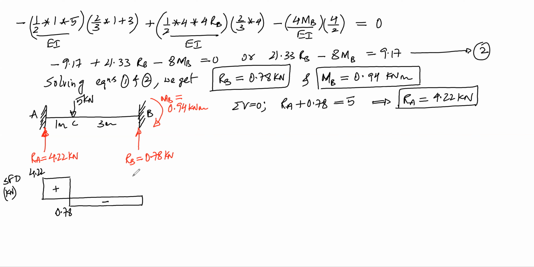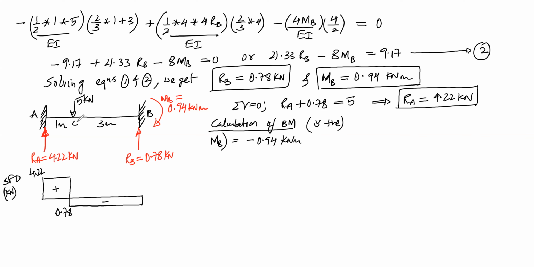So this is the shear force diagram, which is drawn from left to right with upward forces positive and downward forces negative. To draw BMD, we have to calculate bending moments at various points. Let us consider the sign convention, sagging bending moments positive. We already know that the moment at B is hogging 0.94. So that is minus 0.94 kilonewton meter.